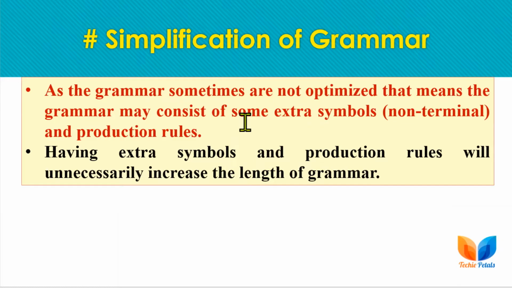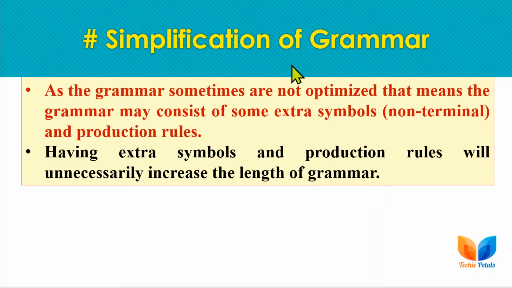As the grammar sometimes is not optimized, we can say that the grammar is not simplified or not having the effective production rules. That means the grammar may consist of some extra symbols or extra non-terminals or extra production rules. Having these extra symbols and production rules will unnecessarily increase the length of the grammar and may lead to confusion.